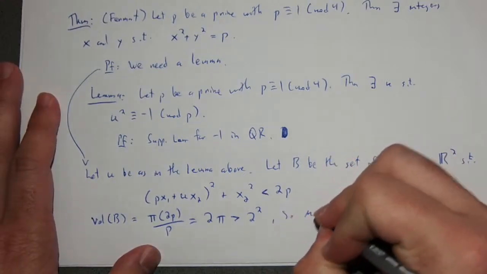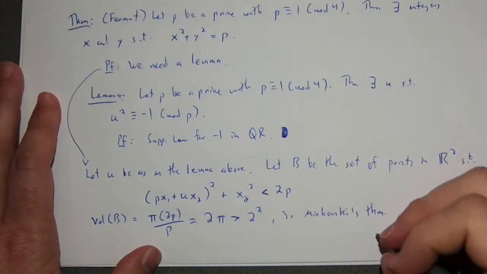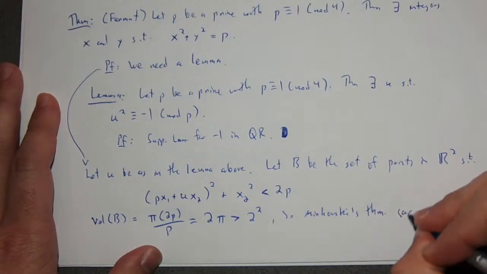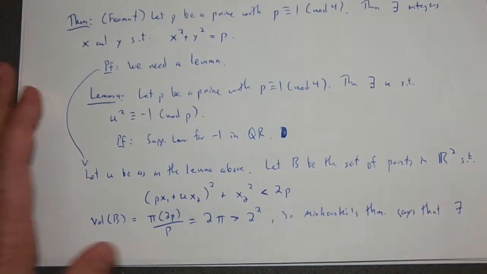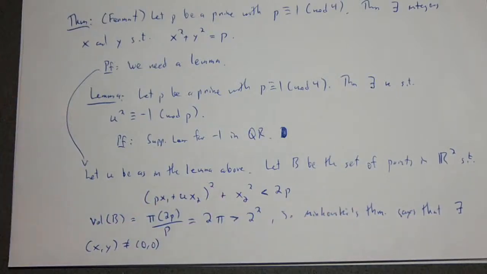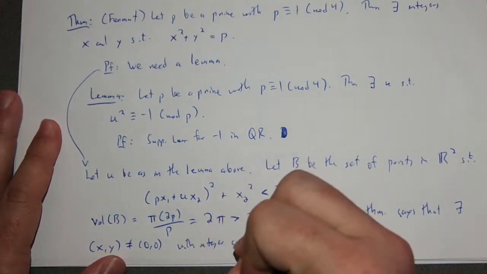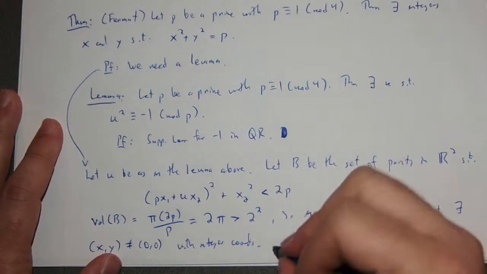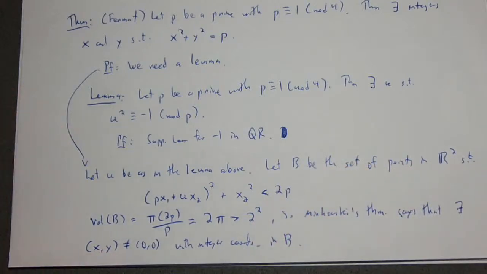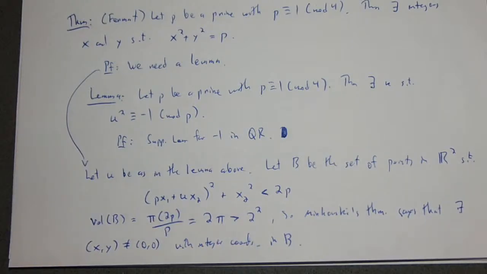So Minkowski's theorem says that there exists a point (x, y) not identically 0 with x and y integers, with integer coordinates in B. But if this point is in B, then it satisfies this inequality.